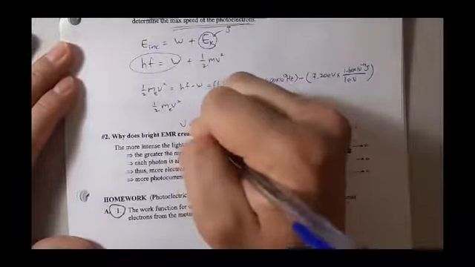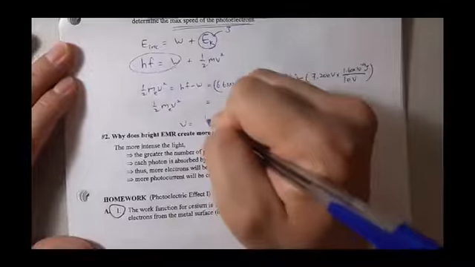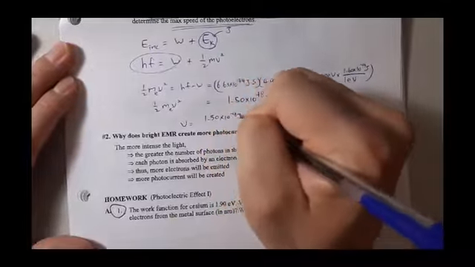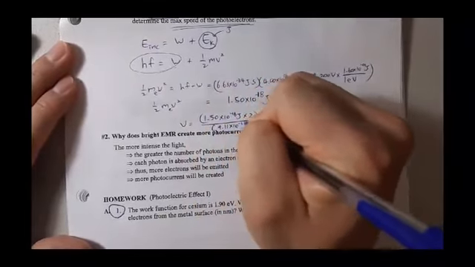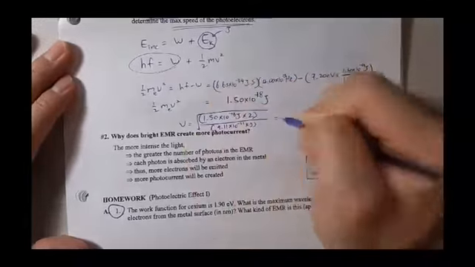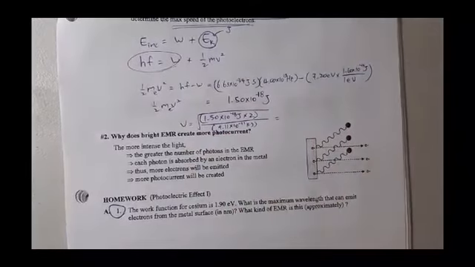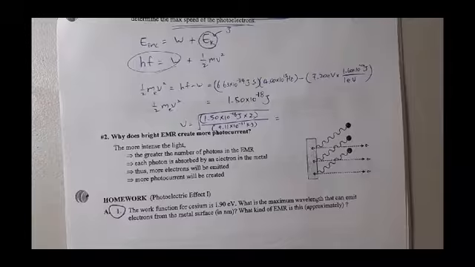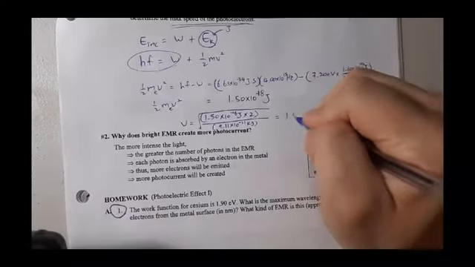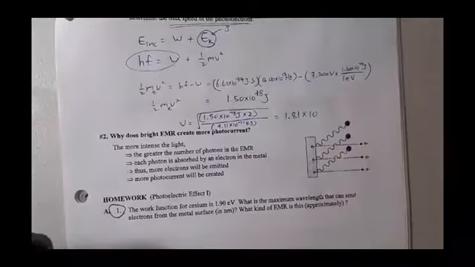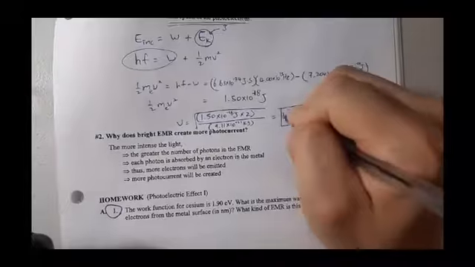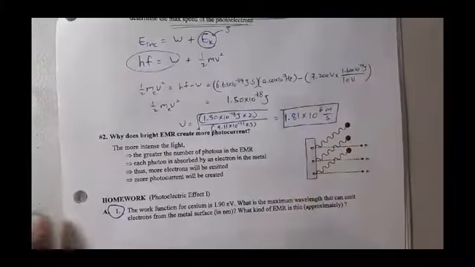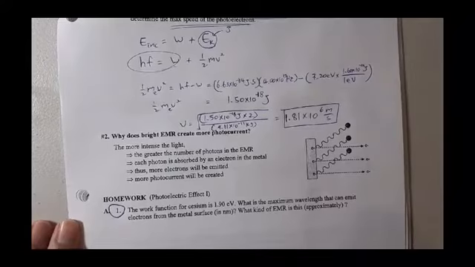So now, to find out the maximum speed of it, 1.50 times 10 to the power of negative 18 joule times 2 divided by mass, 9.11 times 10 to the power of negative 31 kilogram, and square root. And that provides you 1.81 times 10 to the power of 6 meter per second as the maximum speed.